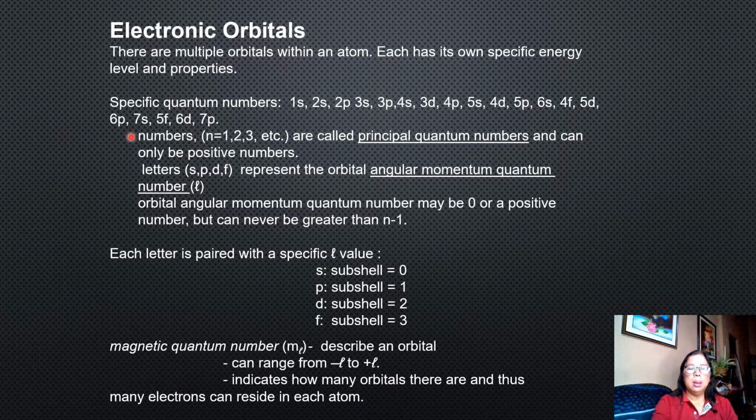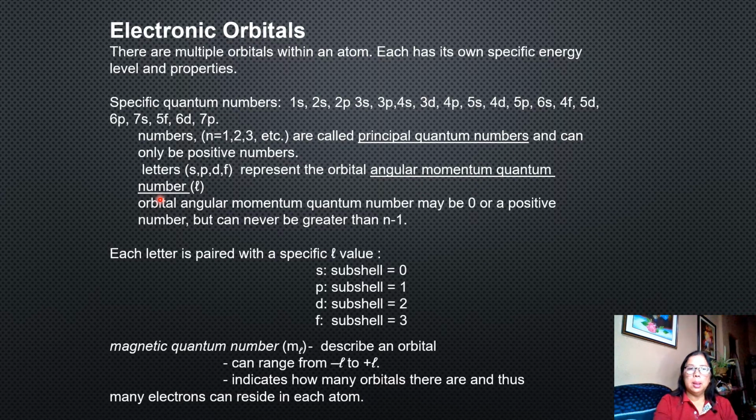As a review, the n refers to the principal quantum number, and this could only be positive. And then you have the letters s, p, d, f, which represent the angular momentum quantum number.